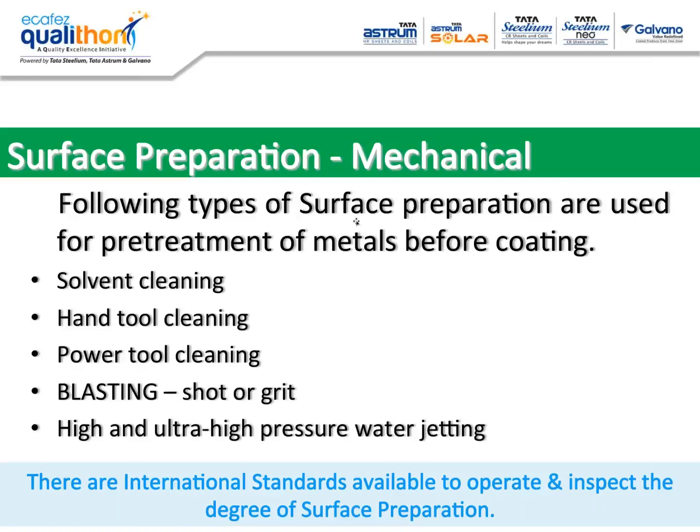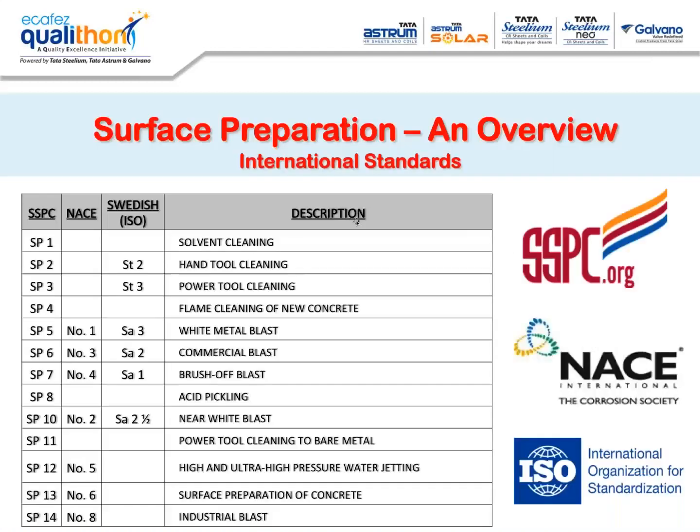There are international standards available to operate and inspect the systems and inspect the degree of surface preparation. There are three main organizations. One is SSPC, Society for Protective Coatings, USA; NACE, National Association of Corrosion Engineers, again from USA; and ISO, International Organization for Standardization.